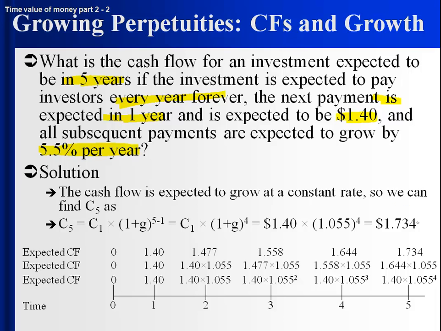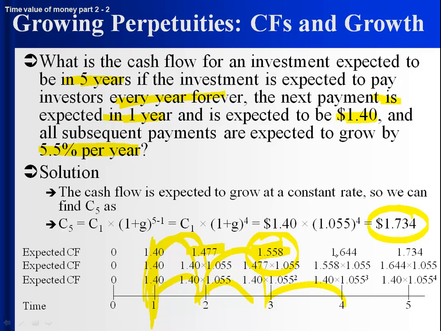And the answer is $1.734. Here we have $1.40. 1 year later, the cash flow is $1.477 because the cash flow increased by 5.5%, so it's 1.477 times 1.055. In 3 years from today, which is 2 years from 1 year from now, we expect the cash flow to be $1.558.